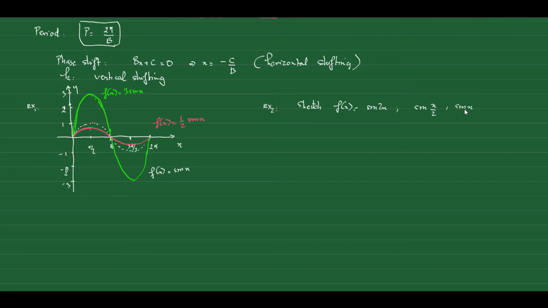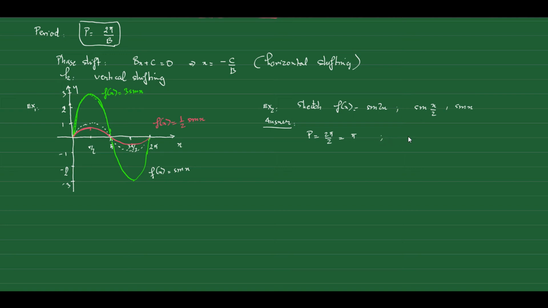So we always want to sketch the parent one, and we apply the transformation, but we need to find out the b value and the period. Because we got the b value, we can get the period. So the period for this will be 2 pi over b, which is pi.